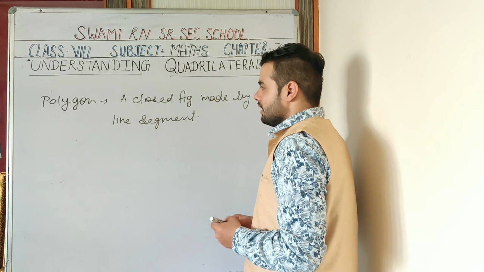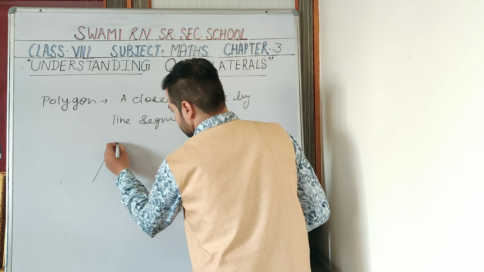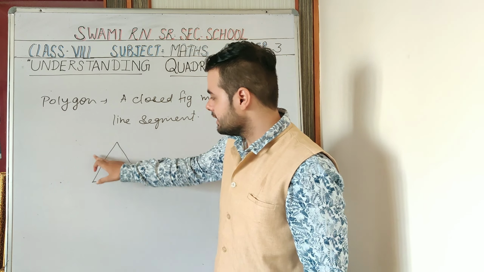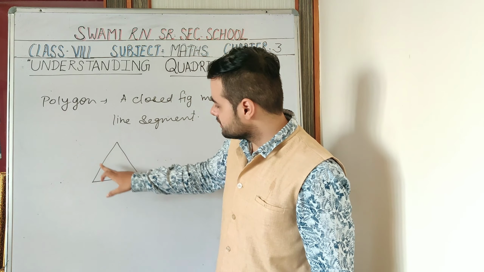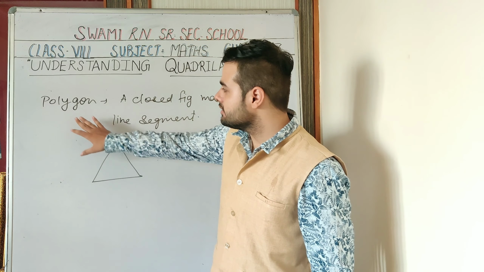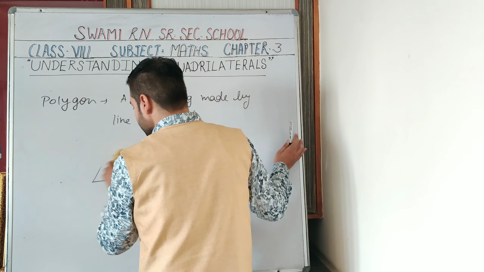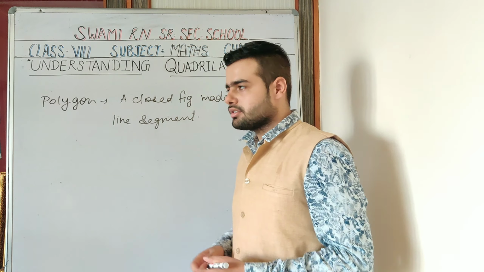For example, this one: 1, 2, 3. There are three sides, three line segments I have taken, so that is a closed figure, and this is known as a polygon.